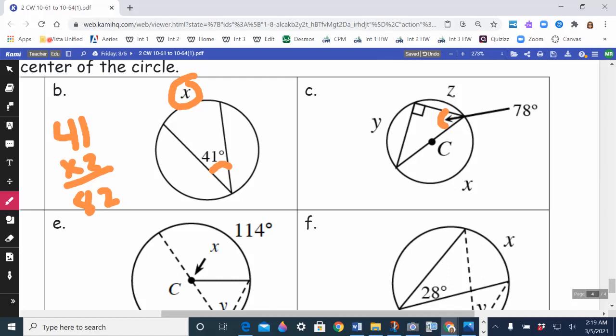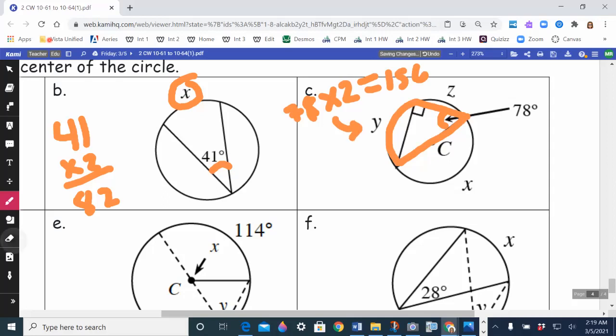I have a right angle. Now, if that is 78, and let me color code it, this inscribed angle is forming that arc. So that is going to be 78 times 2, and 78 times 2 is 156. So my Y is 156.